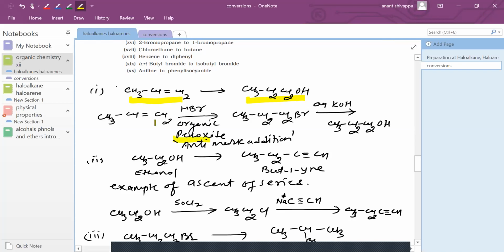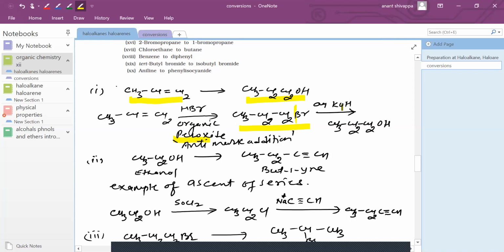So I have mentioned here propene plus HBr with organic peroxide means the anti-Markovnikov addition takes place. So you will get 1-bromopropane, and remember anti-Markovnikov is for bromine, not for chlorine and iodine. Once the alkyl halide is formed, you know that halogen is a good leaving group. So halogen can be replaced by OH easily when it is treated with aqueous KOH.